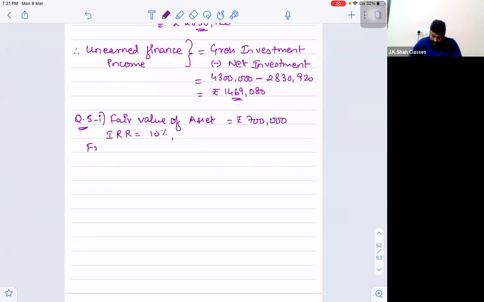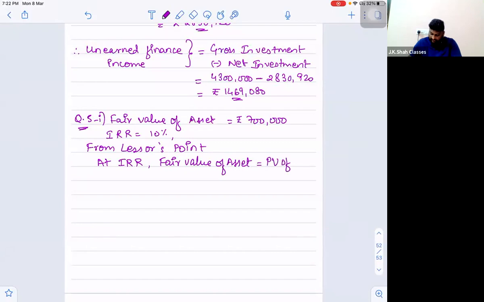So I'll say from lessor's point at IRR, fair value of asset is equal to PV of gross investment.